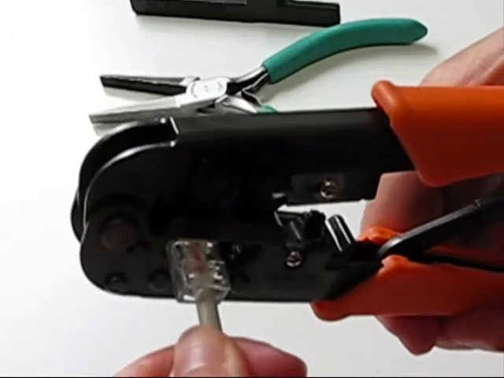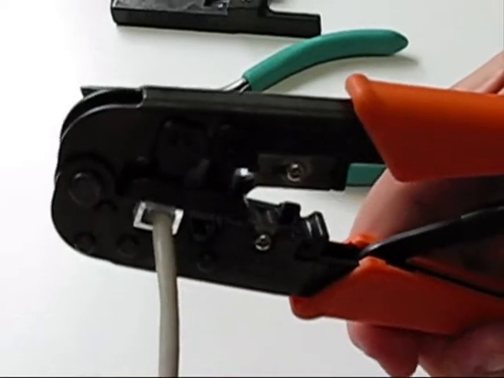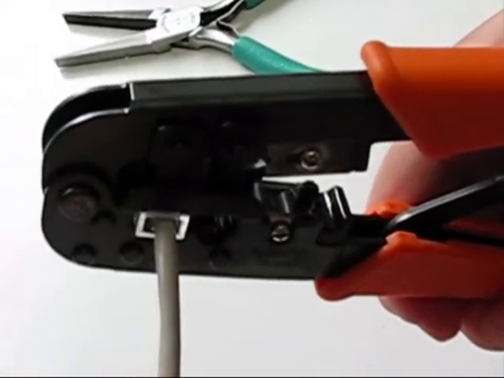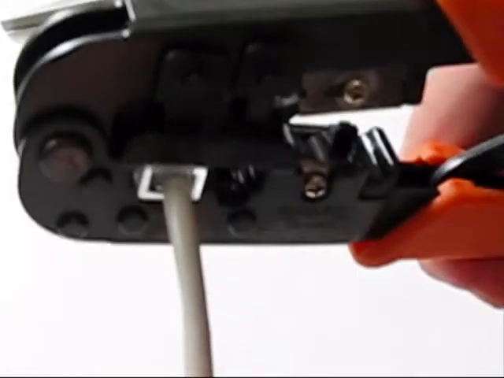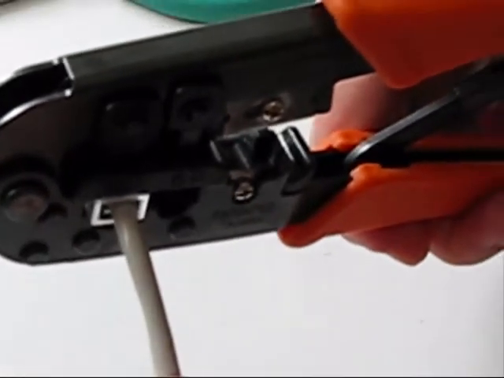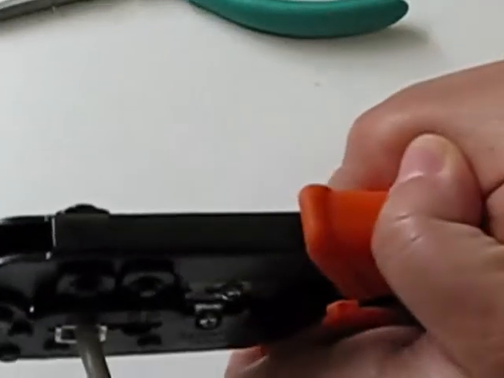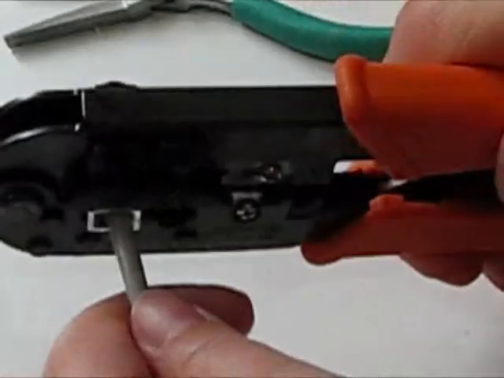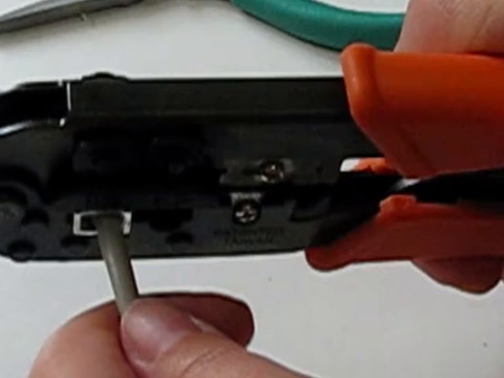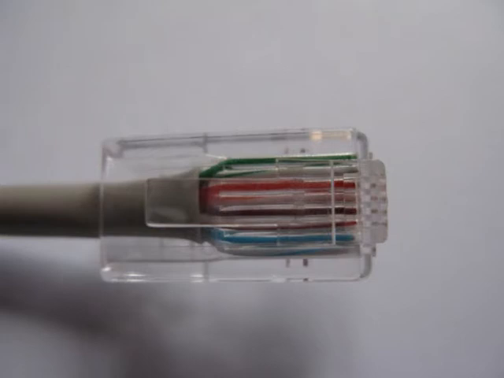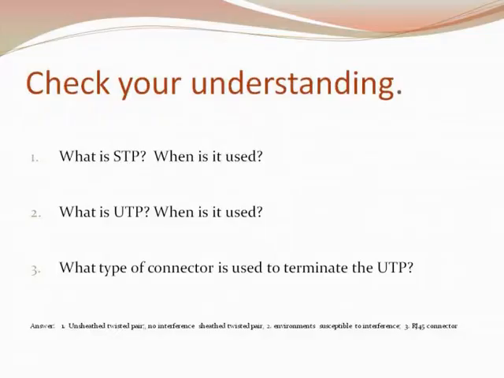It is then inserted in the correct slot in the crimping tool, and it is crimped by pressing on the crimping tool. This shows the completed RJ45 connector.